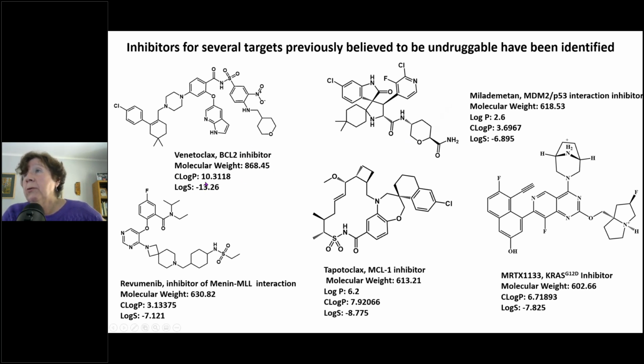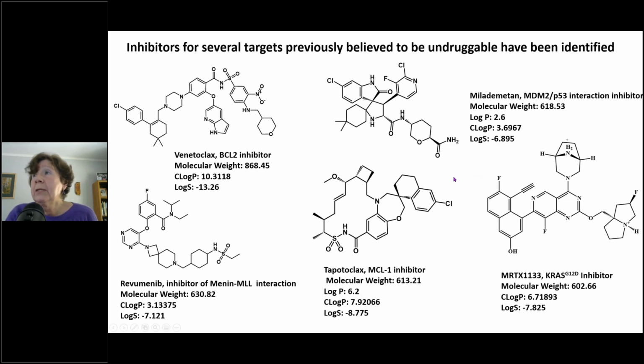And look also at logP and logS. Most of them would have been thrown out during the filtering of the databases that we use. So that suggests that the definition of drug-like probably needs some editing, taking into account modern drug development.